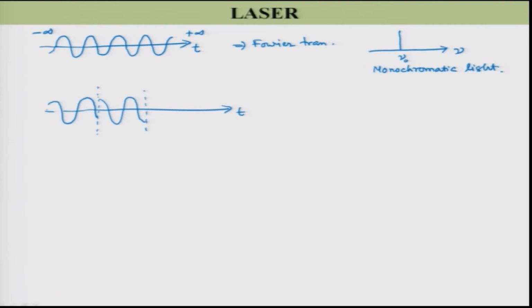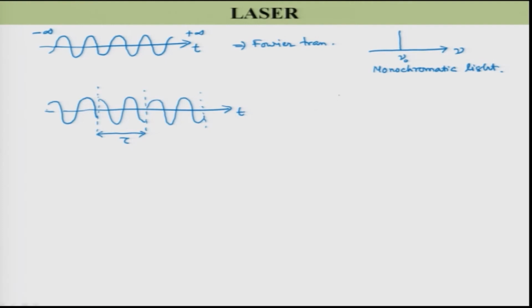The next one will probably be like this and then finish. Then you have many such atoms. In this case, the electric field for one atom is sustained for a duration tau, and this tau is not infinity. Otherwise, the amplitude is constant here.